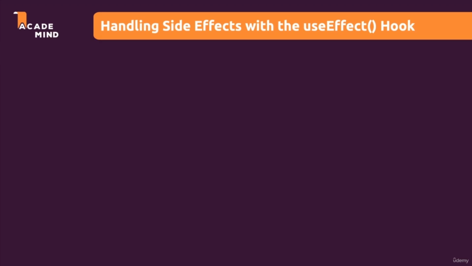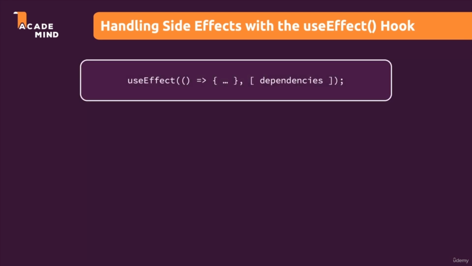Therefore, we'll have a better tool for handling side effects, and that's a special React hook which we can use, the useEffect hook. The useEffect hook is simply another built-in hook, so another function you can run inside of your component function that will do something special. The useEffect hook is called with two arguments, with two parameters.